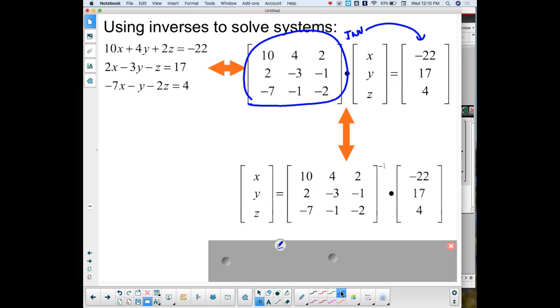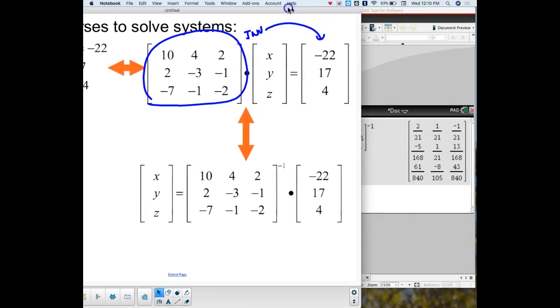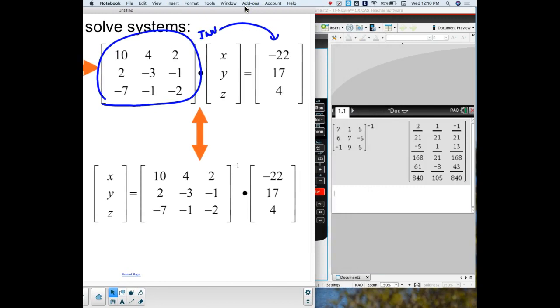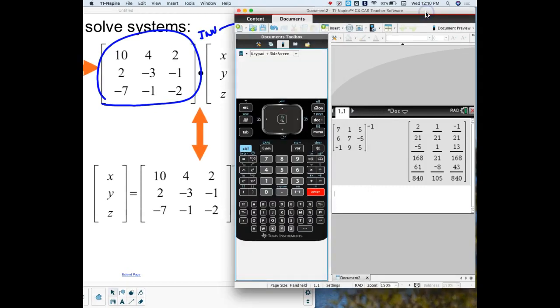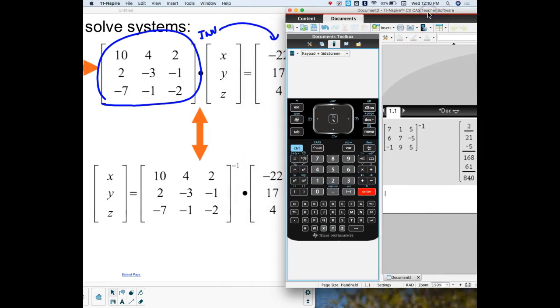I can multiply those two together, and that will give me my resultant matrix. Let me see if I can move this over a little bit. There, that's all I need.